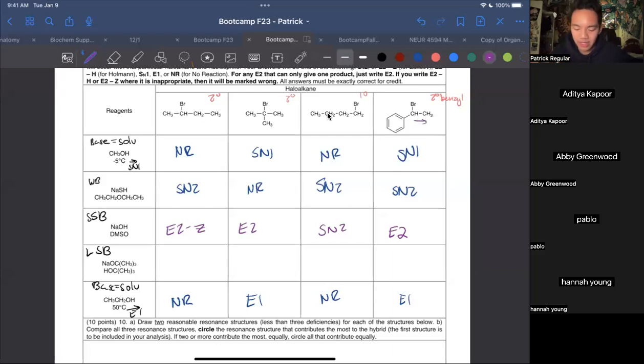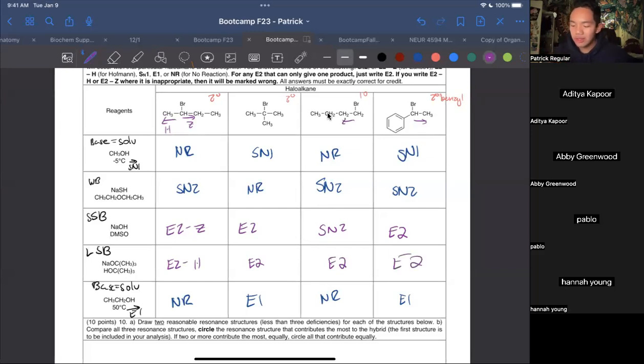Large strong base. Let's run it back. Secondary, E2 Hofmann. The Zaitsev would go this way. Hofmann would go this way. Tertiary, E2, not Hofmann, because again, no regioselectivity, no Zaitsev or Hofmann. Primary, this would do E2. And again, there's only one way to go for this one.